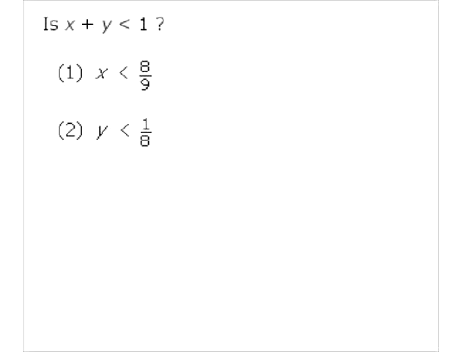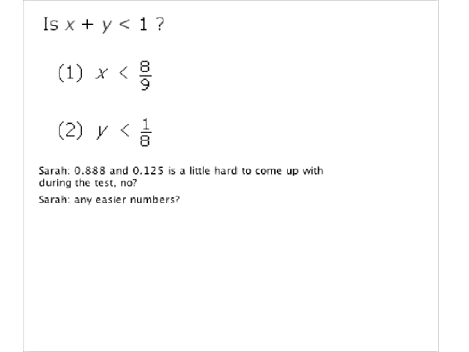The question is this. These are a little hard to come up with during the test. Well, not necessarily, right? If you came up with numbers like that completely at random, then they would be hard to come up with. But what's the genesis of these numbers? These are numbers that are close to the maximum. These are numbers that are extreme.